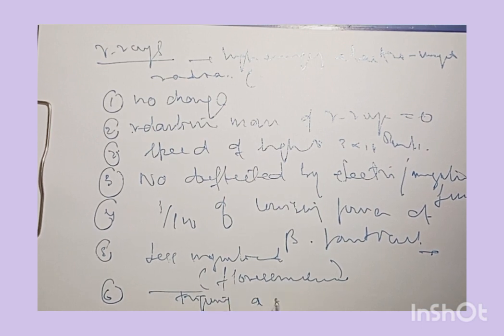These gamma rays are basically electromagnetic waves. They have all the properties of electromagnetic waves, and the frequency of gamma rays is large. It is certainly more than that of X-rays.